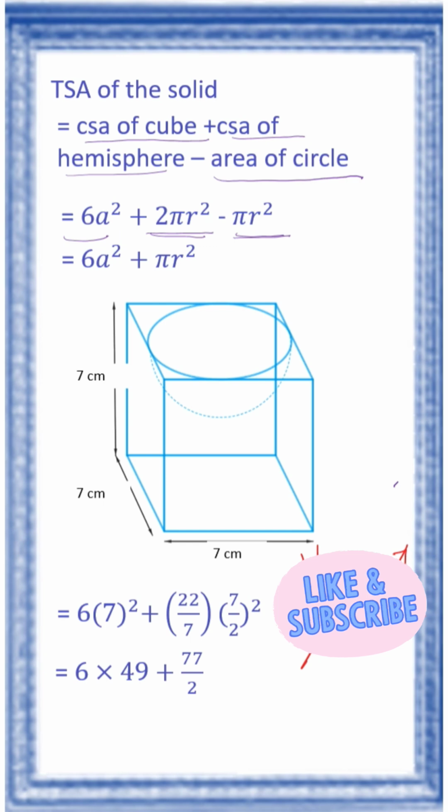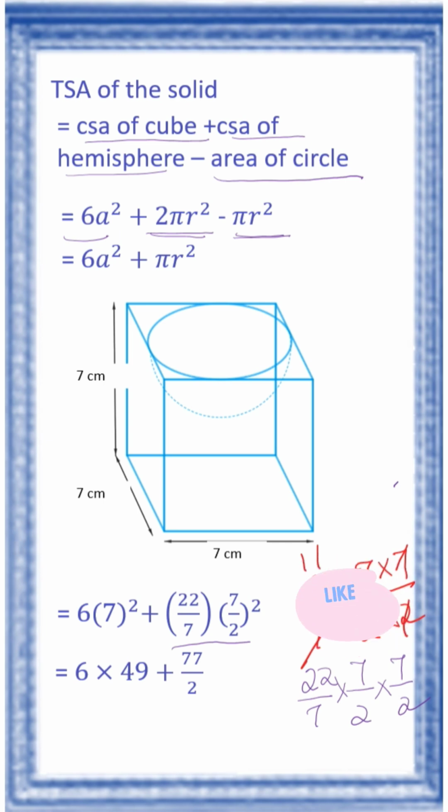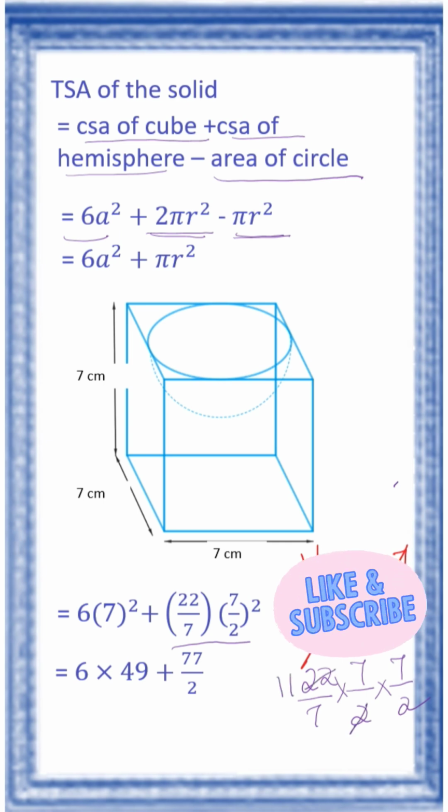Here observe that. How can you solve this portion? 22 by 7 into 7 by 2 into 7 by 2. 7 by 2 is the radius of the hemisphere. Here 2 ones are 2, 11s are. 7 and 7 get cancelled. 11 sevens are 77 by 2.